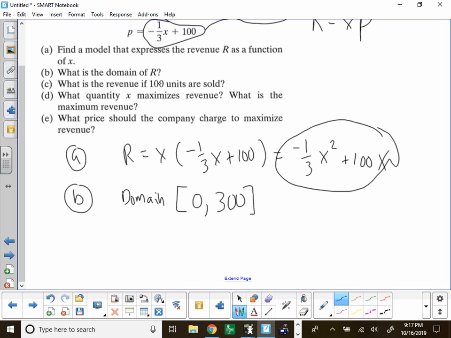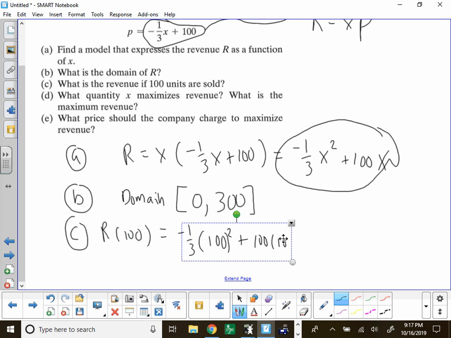So what's the revenue if 100 are sold? So we can just put 100 in here and get an answer. So we're looking for R of 100. So we're just going to put 100 in for x. So it'd be negative 1/3 times 100 squared, in parentheses, plus 100 times 100.